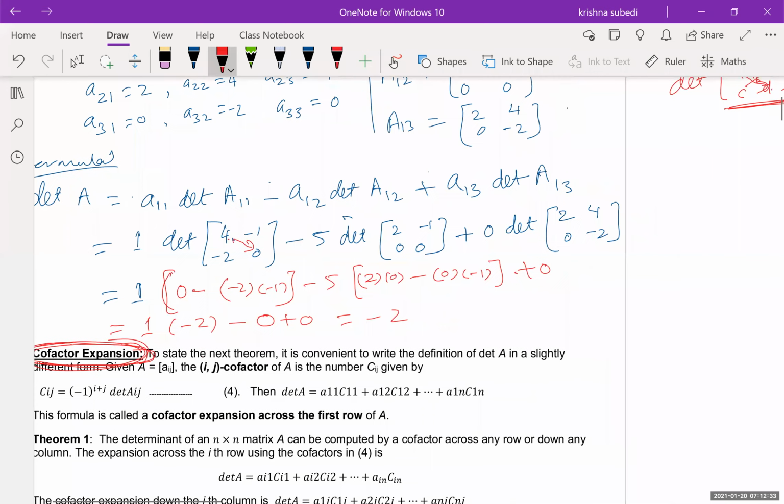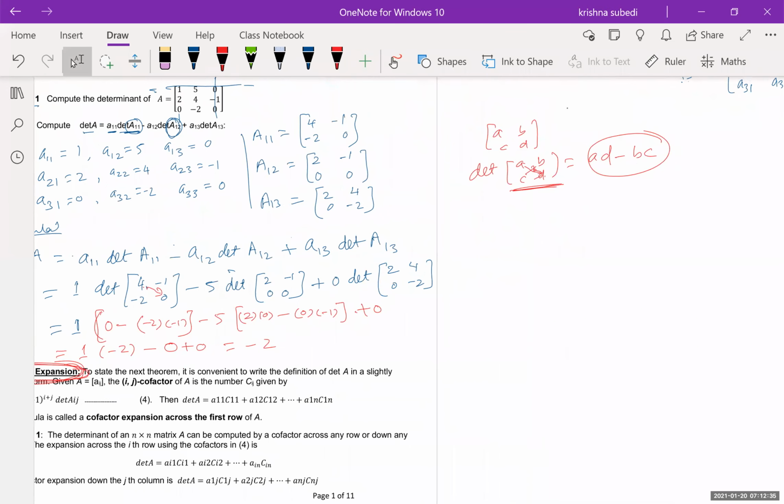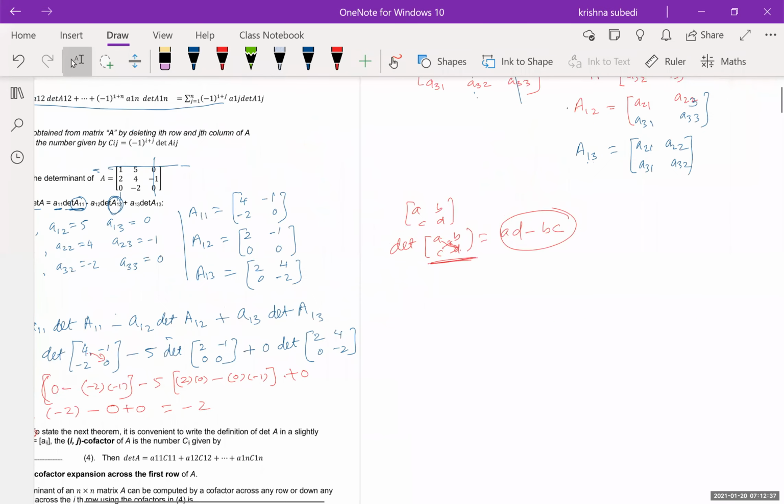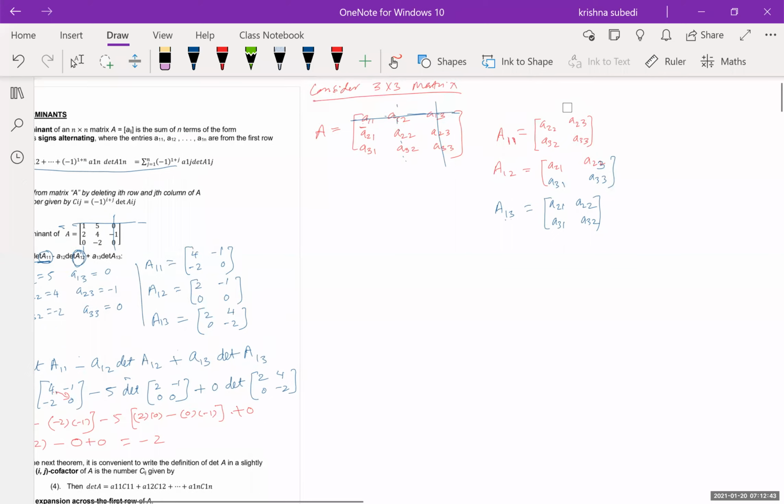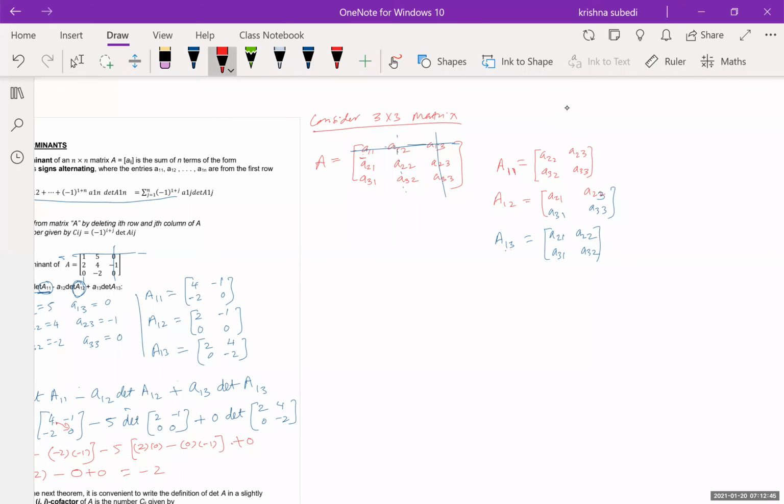Let us talk about that briefly. I'm going back to the same example that I considered at the beginning. Here, this is the matrix A, and we know what lowercase a11, a12 and uppercase A11, A12, A13 are. We all know that. Now, cofactor.